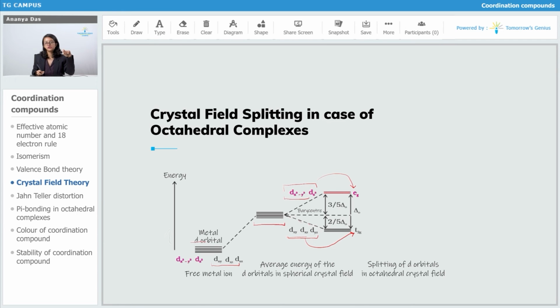The barycenter that you see written in this diagram means the average energy of the d orbitals.